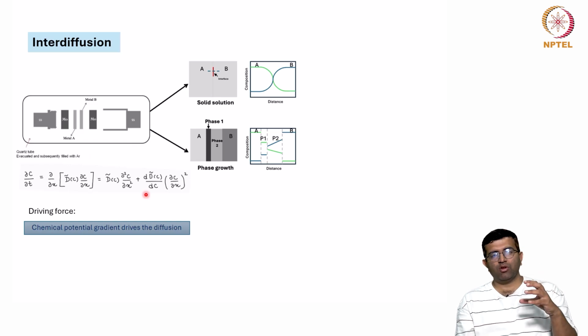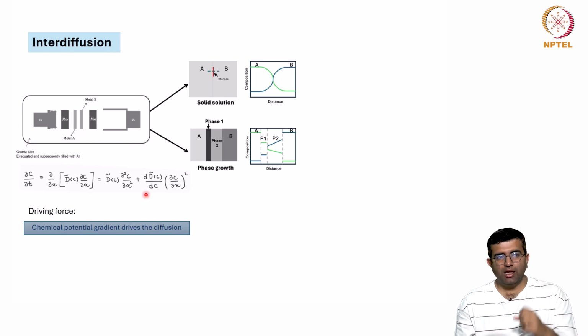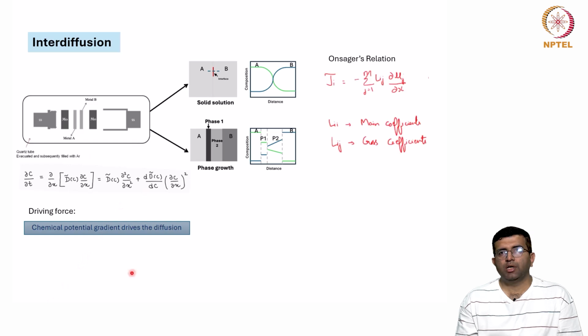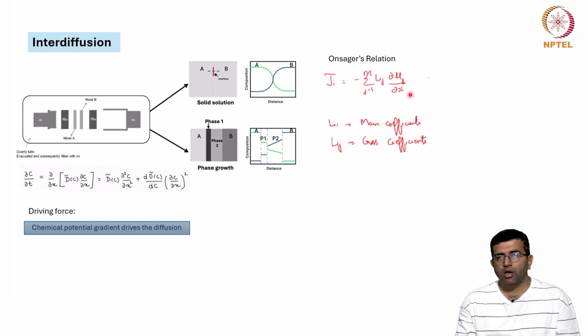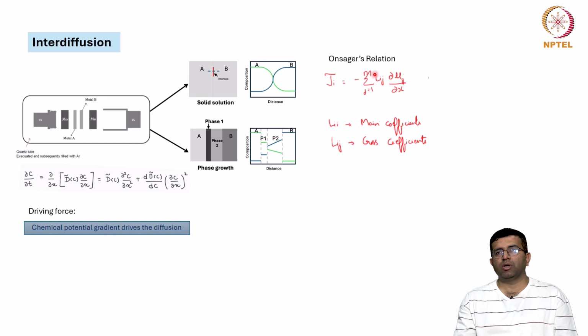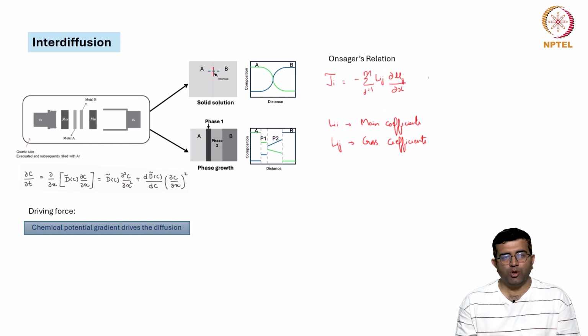The real driving force for interdiffusion is the chemical potential gradient. So, we saw Onsager's relation, J_i is equal to minus the summation over j from 1 to n of L_ij into dou mu_j by dou x. This is the way to write flux when we want to relate it to the chemical potential gradient.